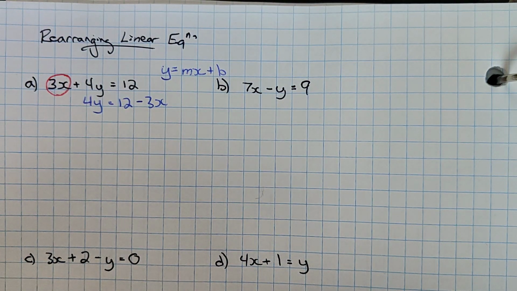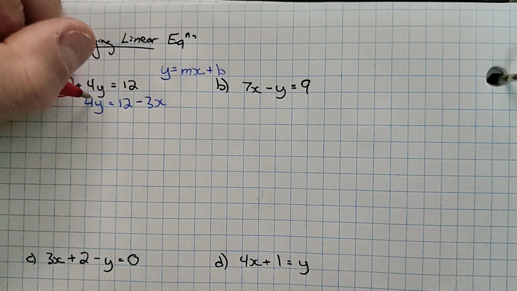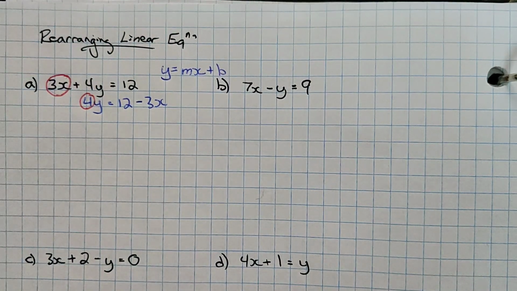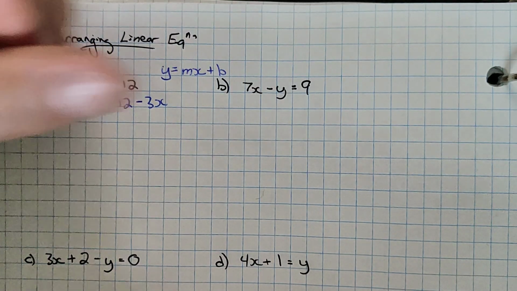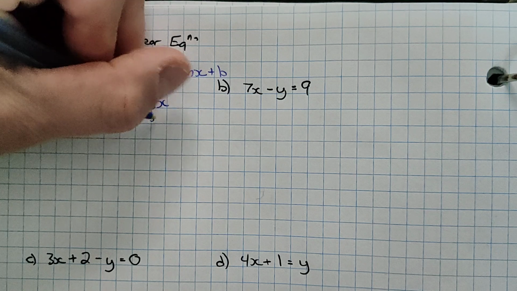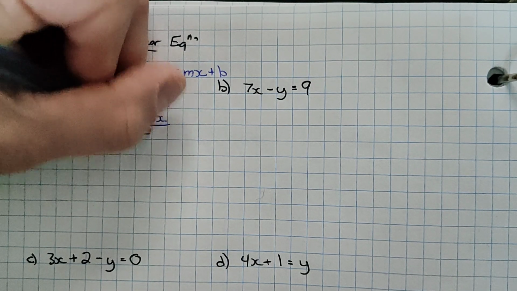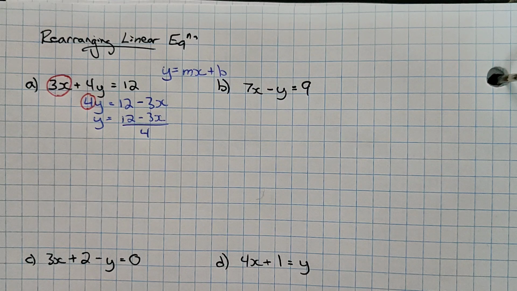Next, we need to take the 4 that is beside the y and get rid of that. It is 4 times y, so the opposite of multiplying by 4 is to divide by 4. So we're going to take that and divide the entire side by 4. 12 minus 3x, all divided by 4.